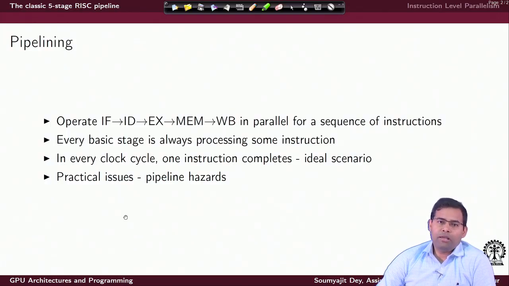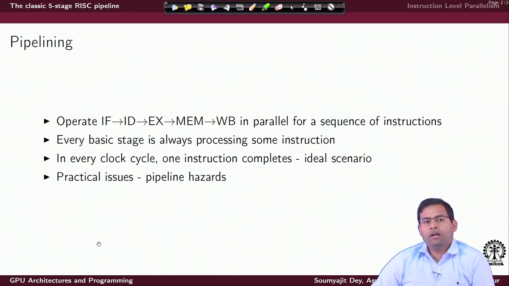Now, once we pipeline the operations in this kind of a processor, I can always have these basic stages processing some instruction. Suppose I have instruction 1 entering the pipeline, that is, it has been fetched and decoded. When instruction 1 is going through the decode stage, I can have instruction 2 being fetched, and when instruction 1 is getting executed, instruction 2 can get decoded and instruction 3 can be fetched.